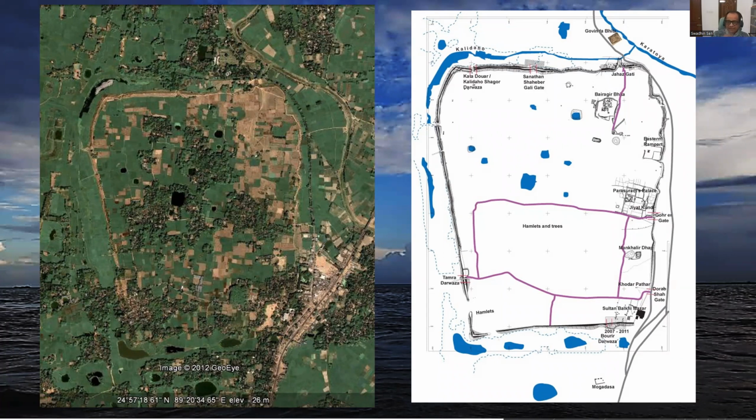And I will show from Google Earth later that this particular core, which is identified as the core of the urban center, cannot be identified solely as a core, because of the presence of many other archaeological settlements around this site.